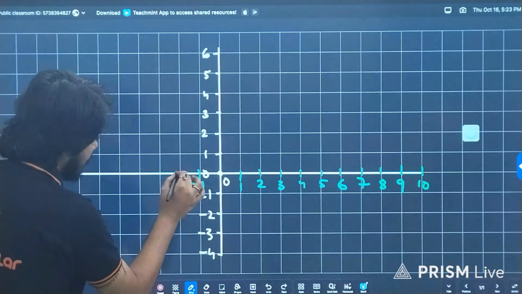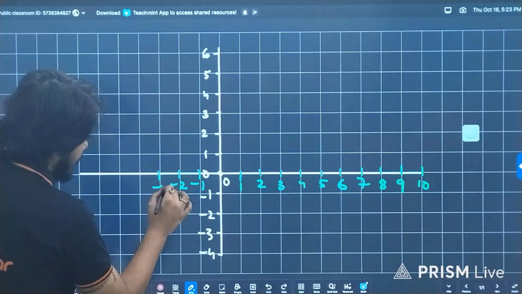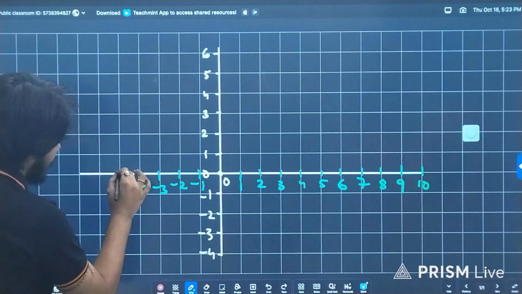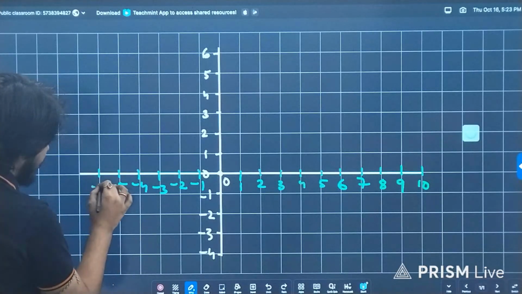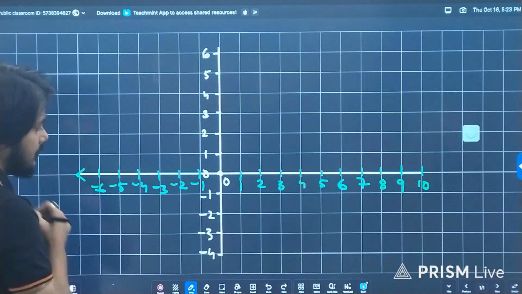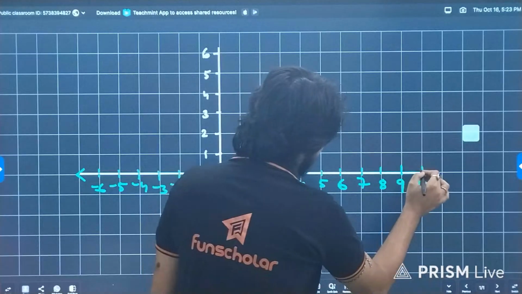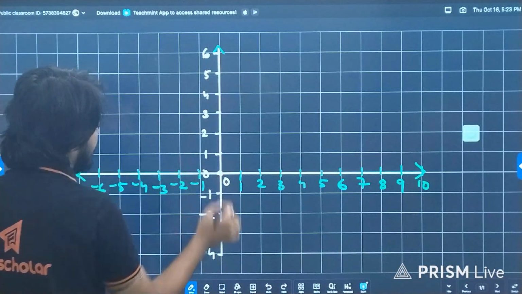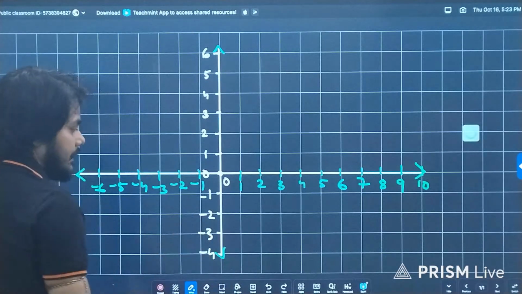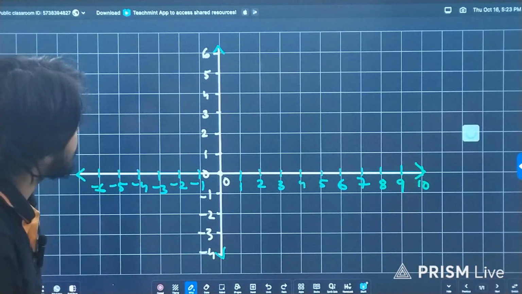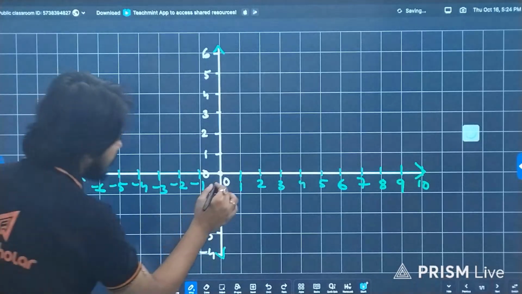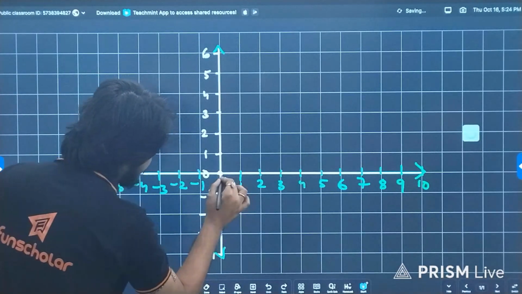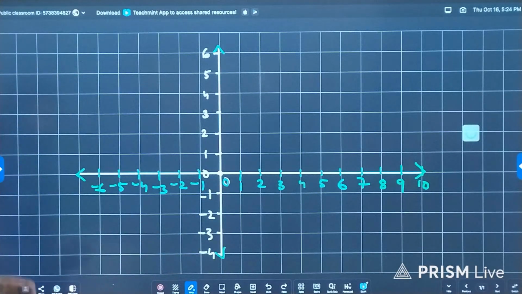This is minus 1, minus 2, minus 3, minus 4, minus 5, minus 6, minus 7 and so on. Just put arrows, okay? Because these are lines. I hope this is very clear.